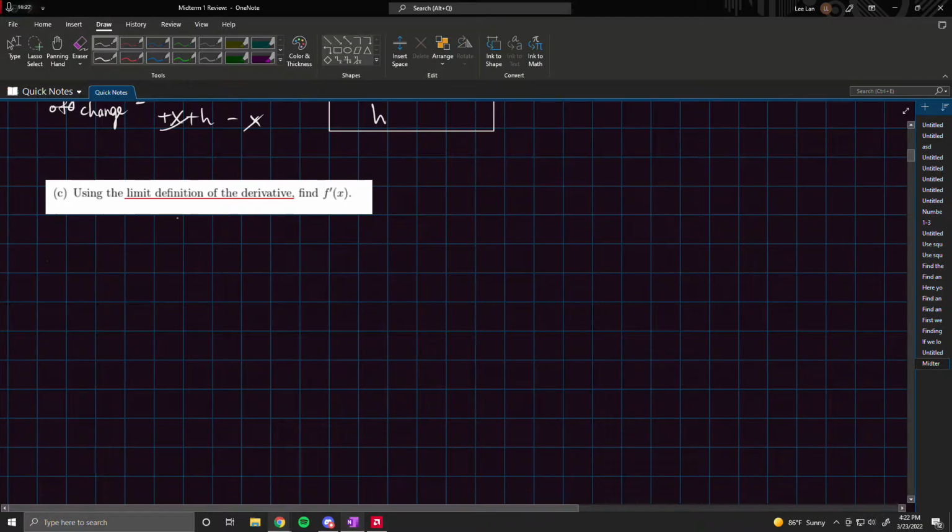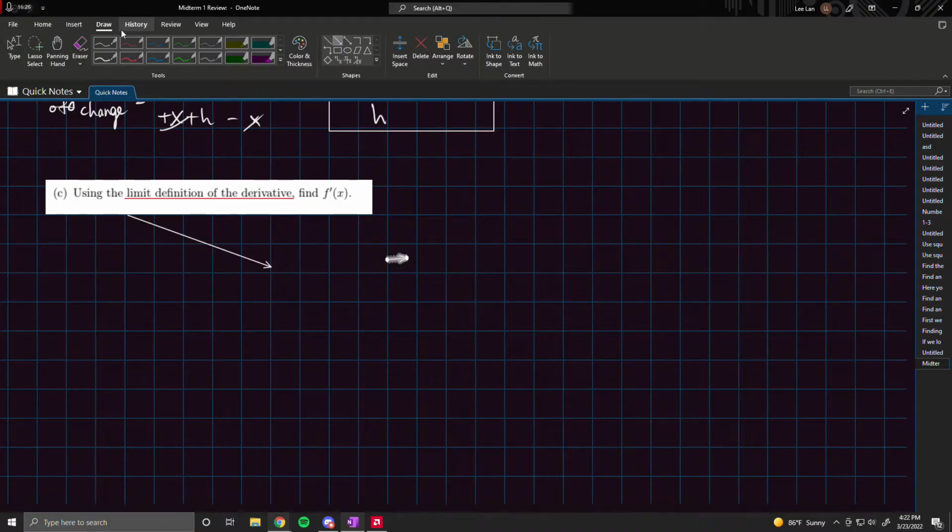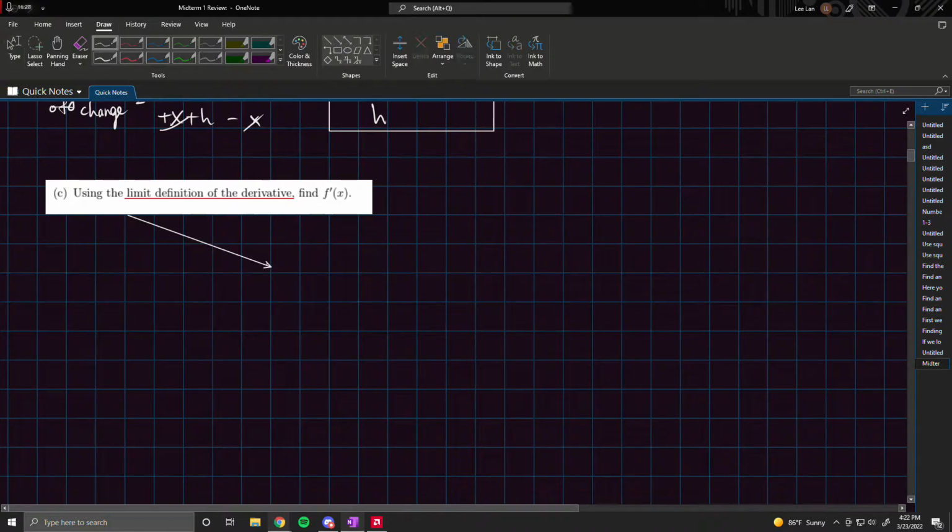So what is that? It's going to be the limit as h approaches 0 of the function of x plus h minus the function of x, all over h.